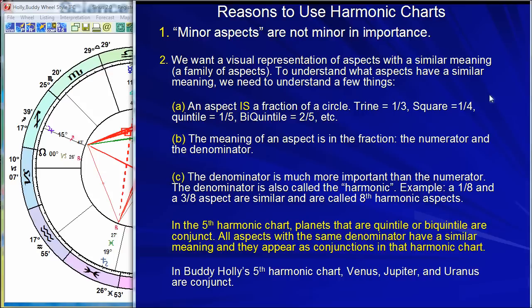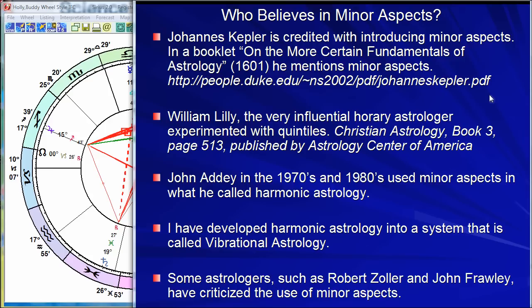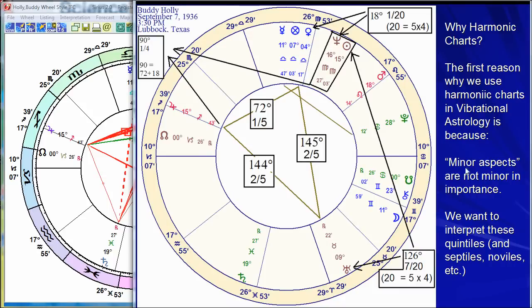So we want to see, here's what we want, and the harmonic chart is going to do it. We want to see planets that are in what's called the same harmonic. Harmonic is another word for denominator. So let's go back to Buddy Holly's natal chart. These fifths, we call it fifth harmonic. Harmonic just means denominator, because an aspect is a fraction of a circle.